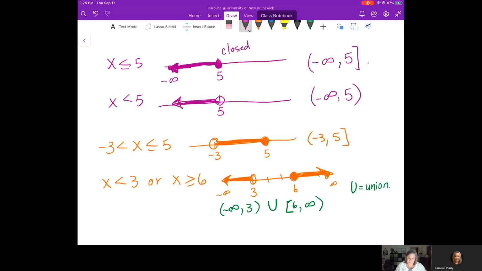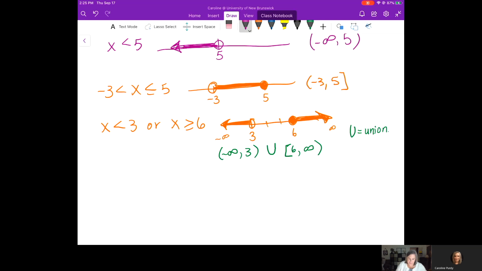So I want you to try one. Let's suppose I have a number line here, and suppose we had something like this.